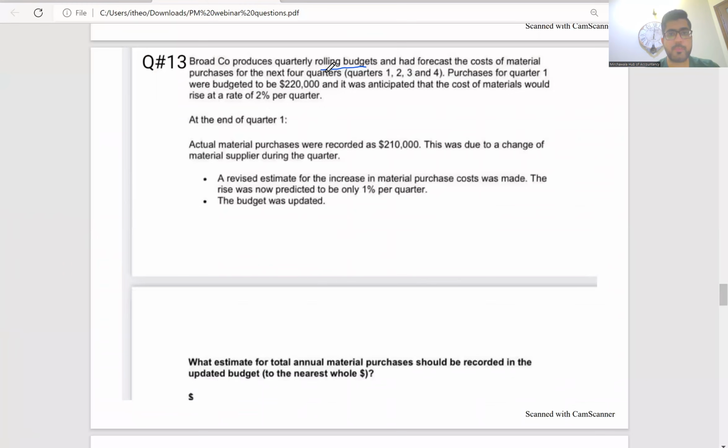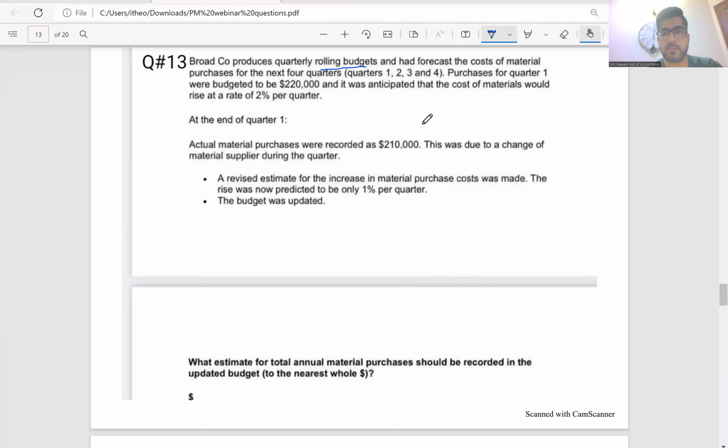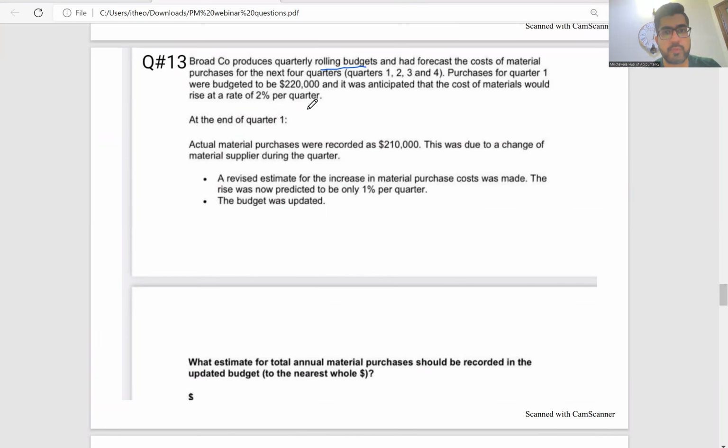So Broad Company produces quarterly rolling budgets and has forecast the cost of material purchases for the next 4 quarters, 1 to 4. Purchases for quarter 1 were budgeted to be 220,000, and it was anticipated that the cost would rise at the rate of 2% per quarter.